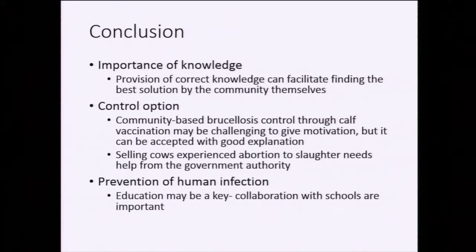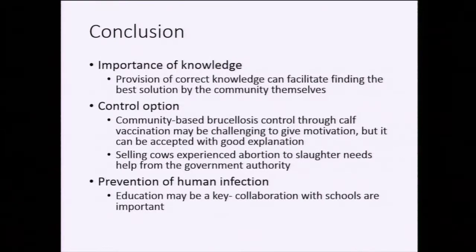Yeah. And conclusion, importance of knowledge. If you provide correct knowledge, then the communities will find the best way of solution. And regarding control options, community-based brucellosis control through calf vaccination may be challenging in terms of motivating them because there are many communities.